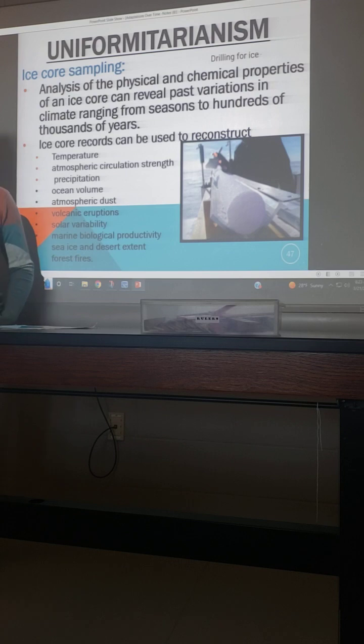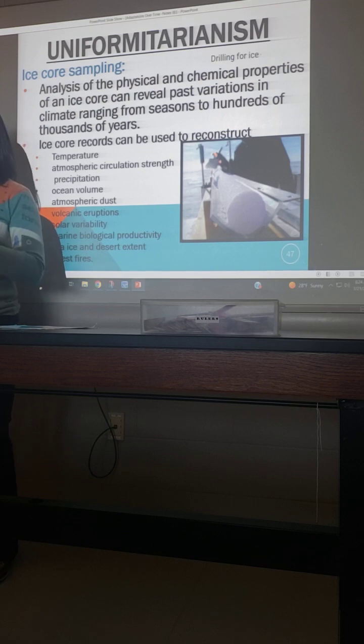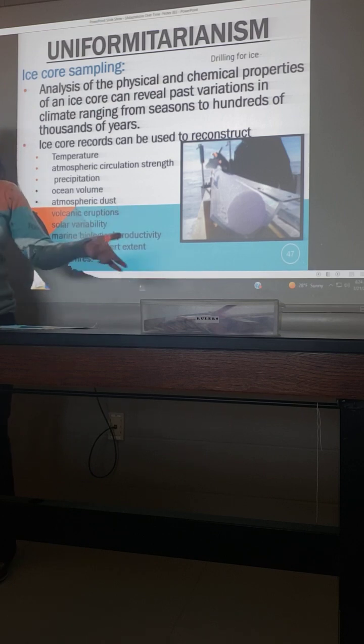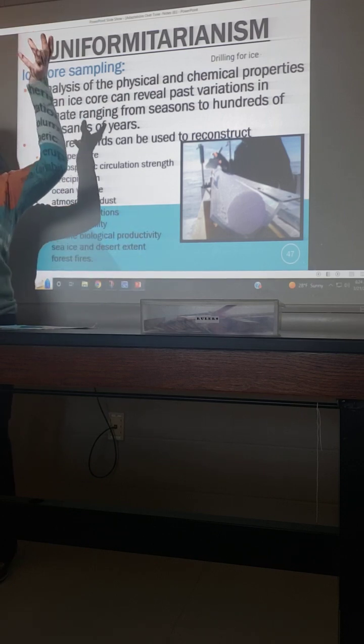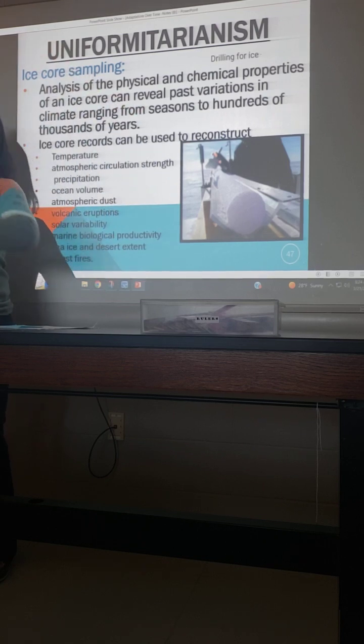So again, you learned last year in 7th grade about the trade winds and wind patterns and currents and things like that. So we know that the air that is here is not going to stay here, right? It's going to blow all around. So if something happens here, it could get detected hundreds or even thousands of miles away.